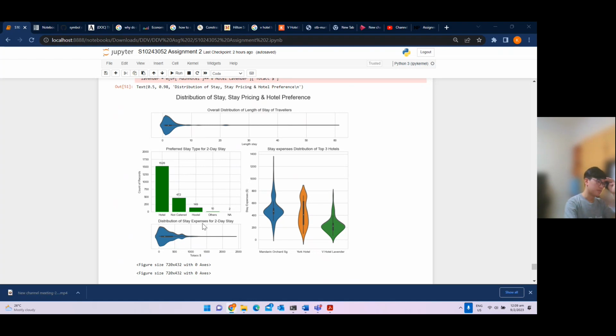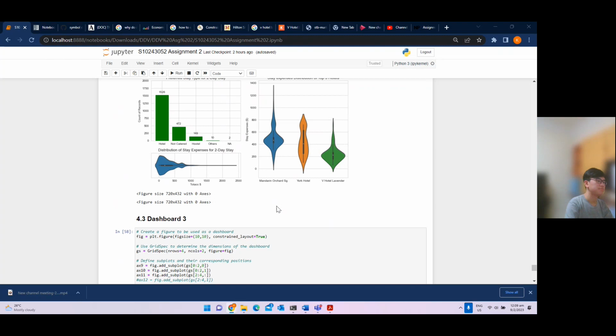And based on that, we drew the stay expenses distribution of the top 3 hotels, with Mandarin Orchard Singapore having the most stays, the most popular stays with the highest frequency of the highest stay expenses.